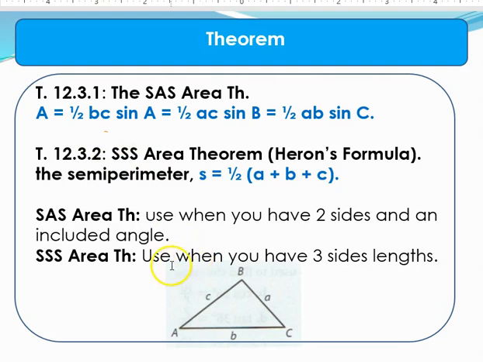So SAS is used when you have two sides and an included angle. SSS is used when you have three side lengths, so be sure to have that in your notes.